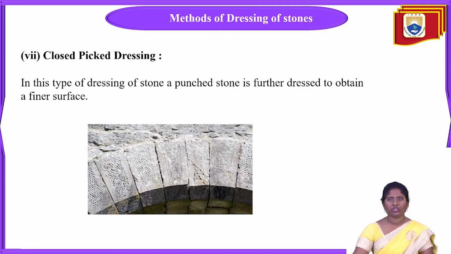That is called punched dressing. Here we take that punched stone and dress it to obtain a finer surface. And this closed picked dressing can be used for decorative purposes and for the construction of arches also.